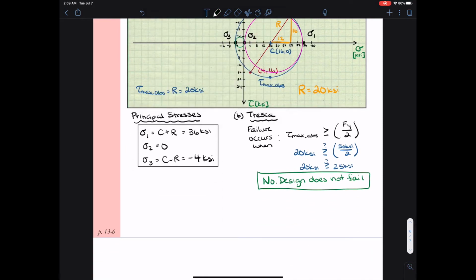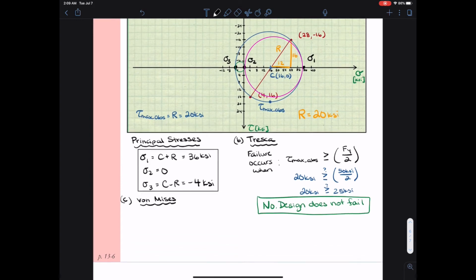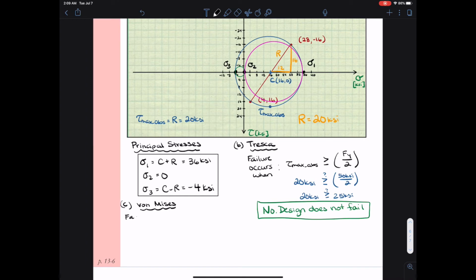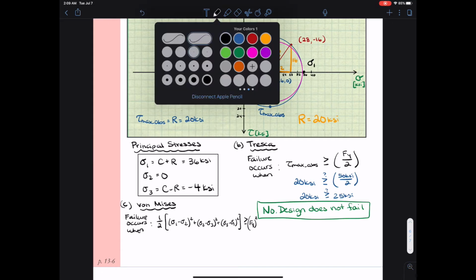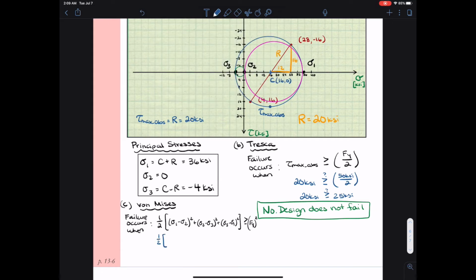For von Mises, failure occurs when the maximum distortional energy exceeds a critical value. And in formula terms, it says failure occurs when... I'll go ahead and just write it down and you can copy it into your notes. Plugging in the values for the principal stresses, I can go ahead and do my calculations.